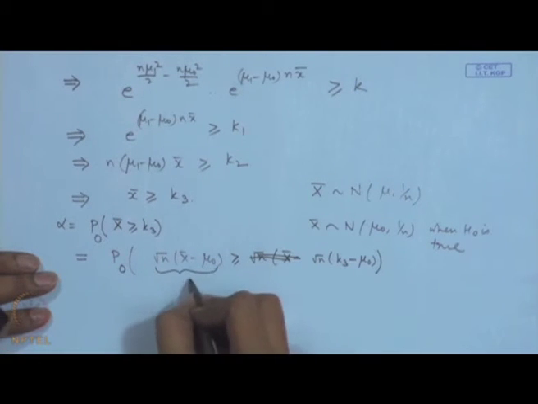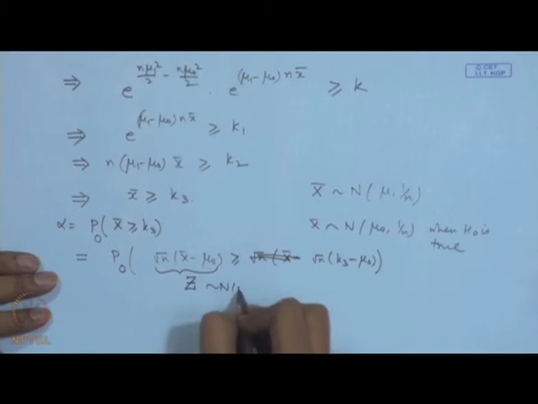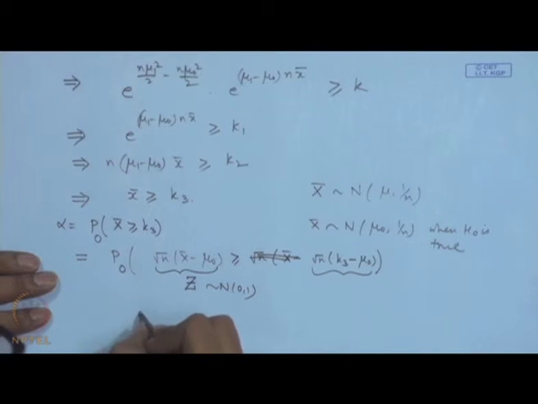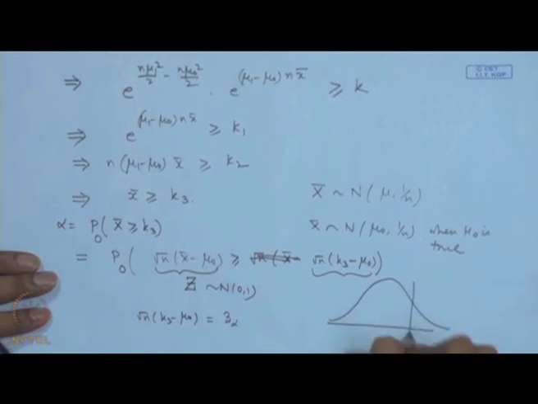When mu is equal to mu naught, this is following a standard normal distribution. So, this value root n (k 3 minus mu naught) is nothing but z alpha value, where z alpha denotes the upper 100 alpha percent point on the standard normal distribution.